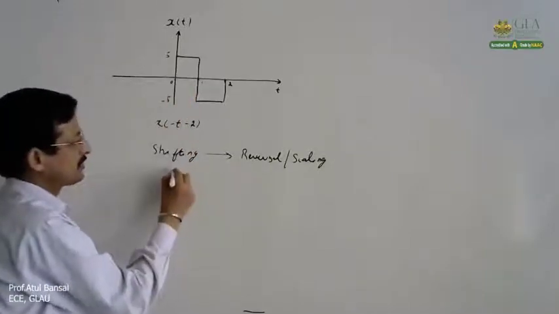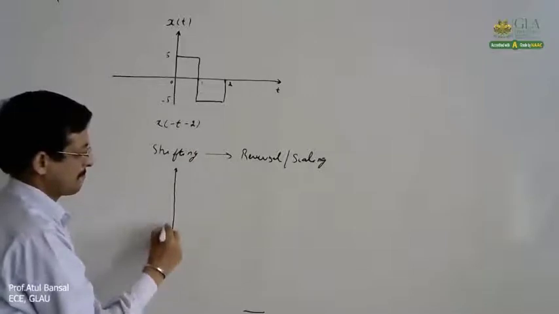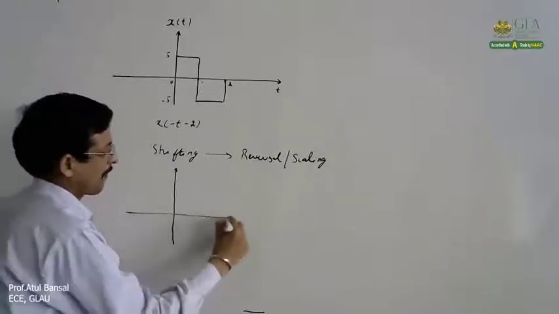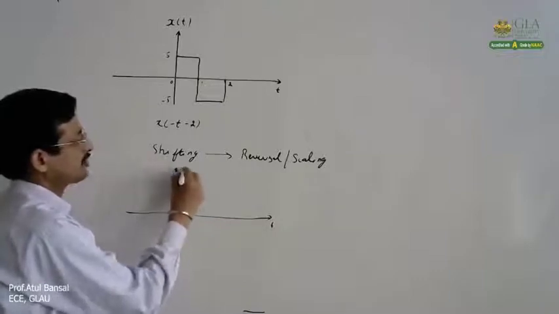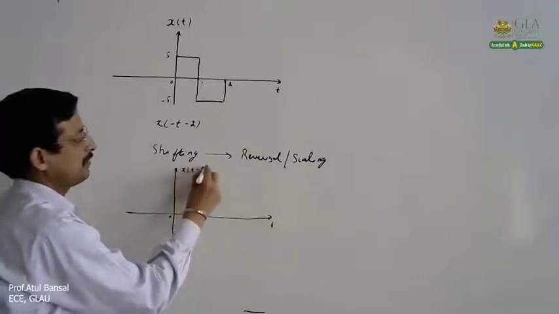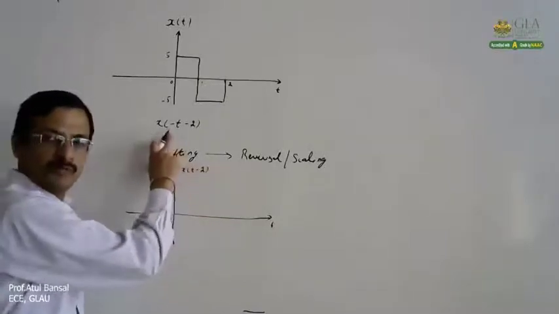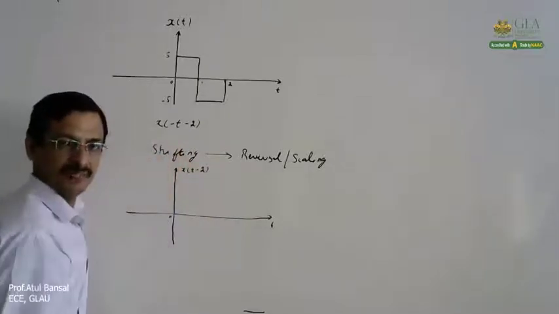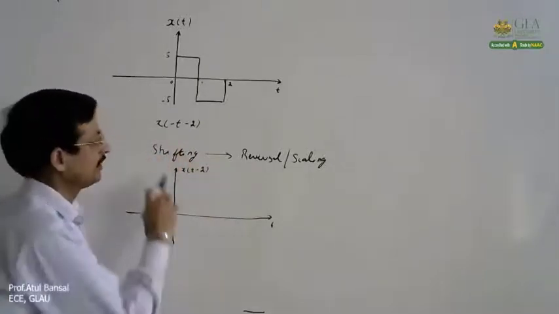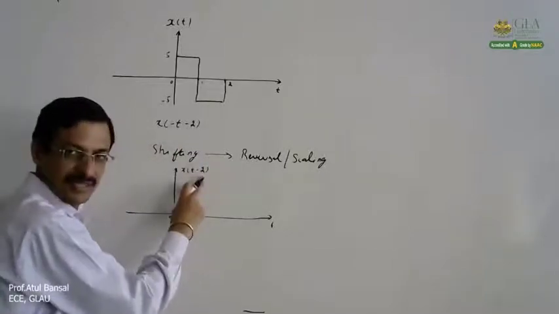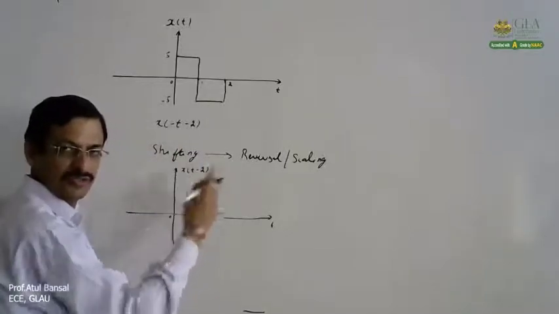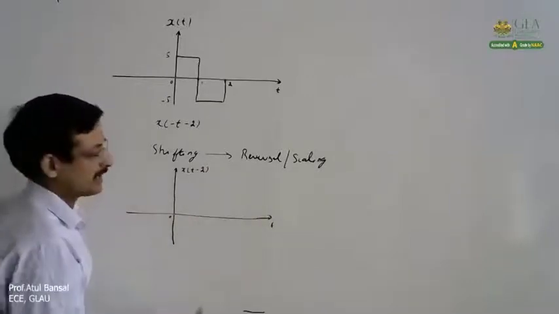First, from this, we will get x of t minus 2. Forget about whatsoever is along with this t, whether minus 1, 2, 3, anything. Just take the shifting. Now, this capital T is positive, so the shifting will happen towards the right-hand side.